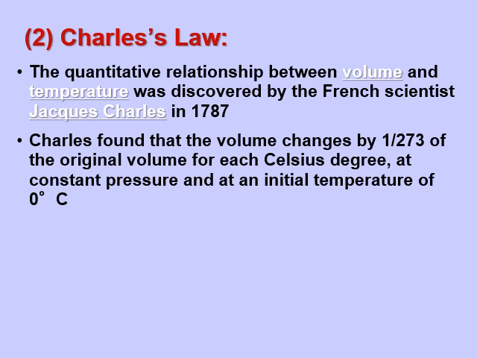Charles's law is a quantitative relationship between volume and temperature. He found that a volume changes by 1/273rd of its original volume for each Celsius degree at a constant pressure and at an initial temperature of 0 degrees Celsius. So basically, he found that you have to use Kelvin in order for this relationship to work.